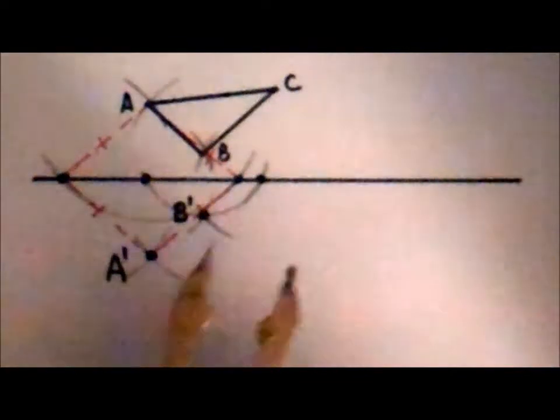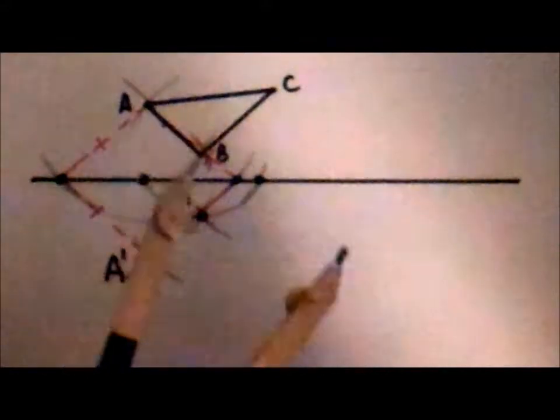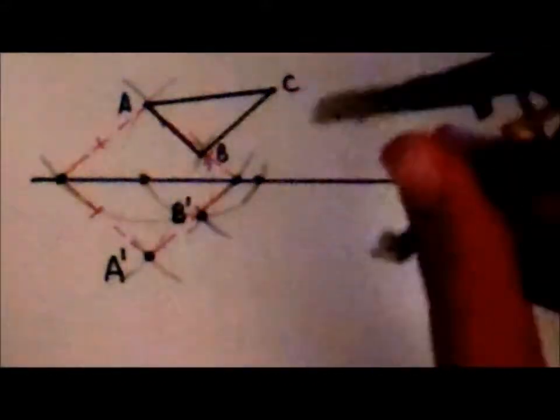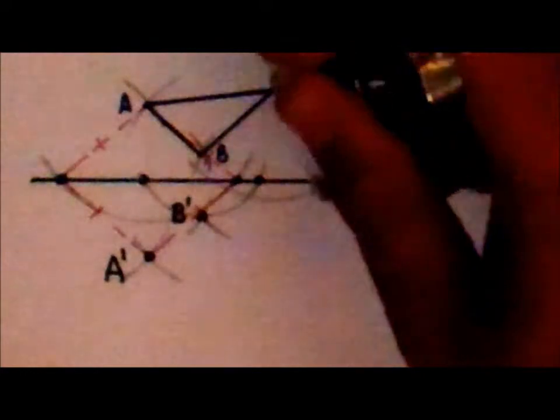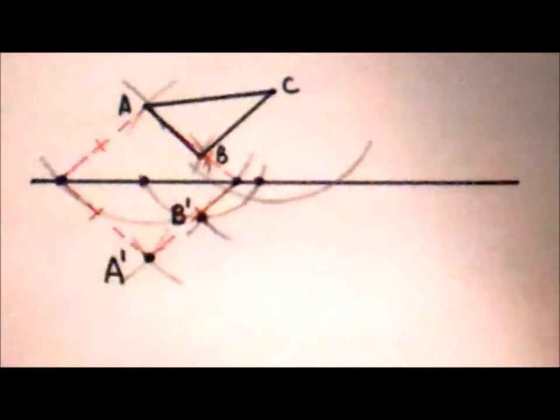And once again, for the last point, C, I'm going to follow the exact same steps. Go ahead and make your radius a little bit bigger. Place your compass on point C. Draw your semicircle. My two points intersect right here and right here.